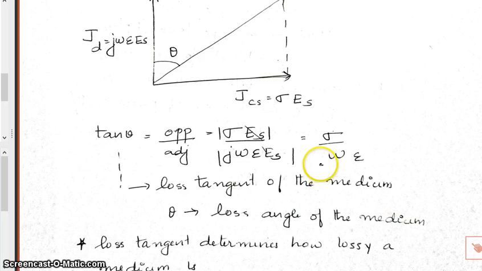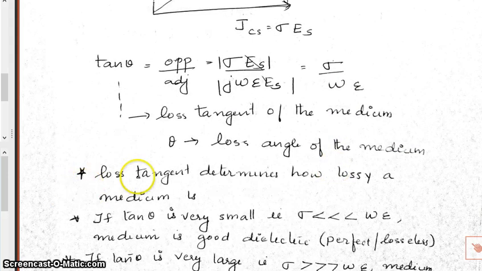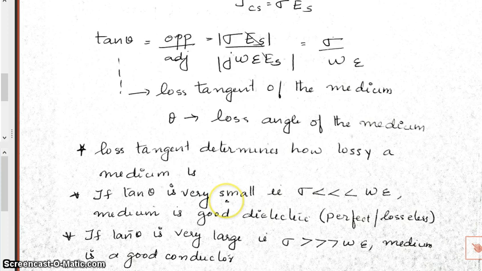Tan theta is equal to sigma by omega epsilon. So I can say that the loss tangent determines how lossy a medium is. The value of tan theta helps you measure how much loss there is in a medium.